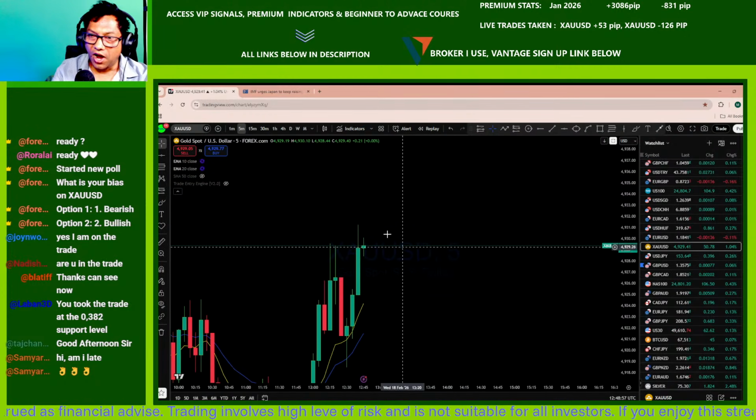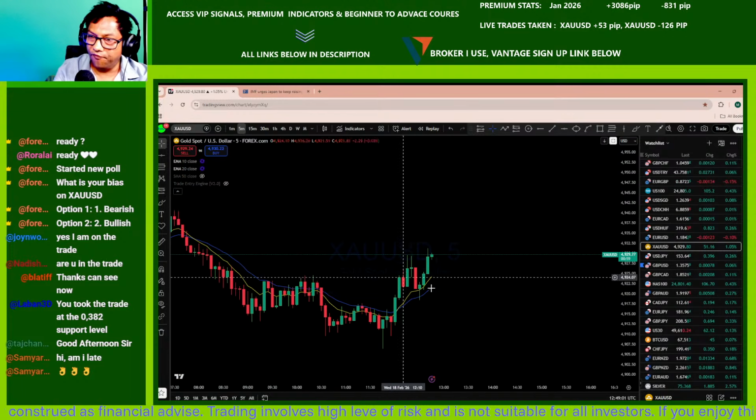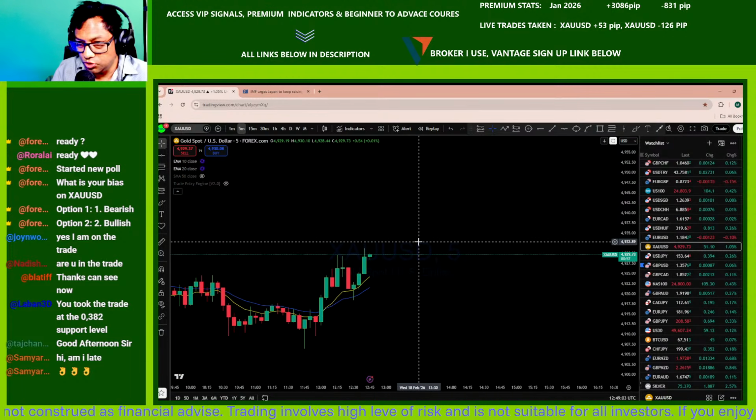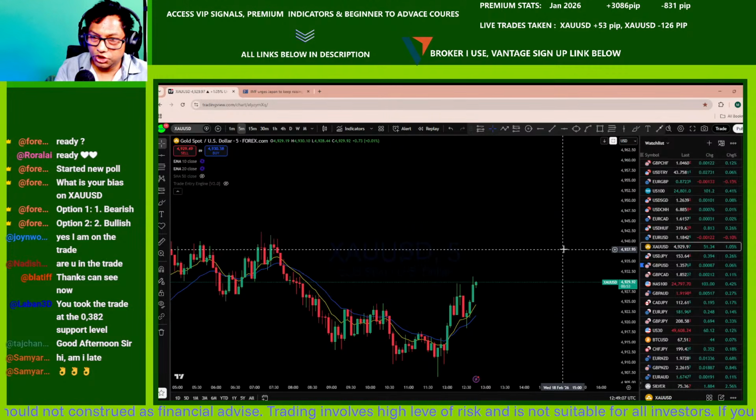If you look at this, this is the 5 minutes candlestick, but it's a very narrow one candle being formed on the 5 minutes, which is still not showing a strong bullish bounce.